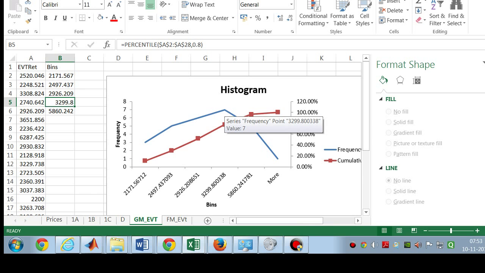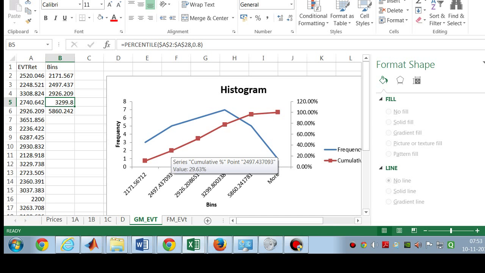Now let's say we don't have a 50%. We have a 51.85, but then it's a bit far. We have a 29.63, but that's a bit far to the left, so we know it's somewhere in between the two points.